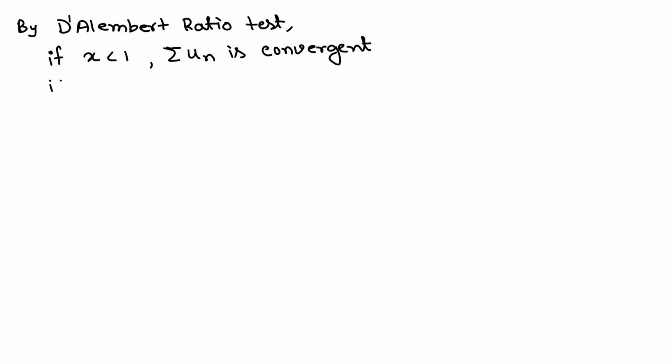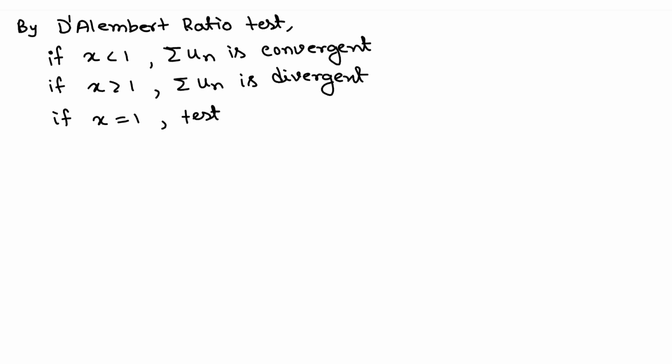If x is greater than 1, summation un is divergent. And if x equals 1, the test fails.